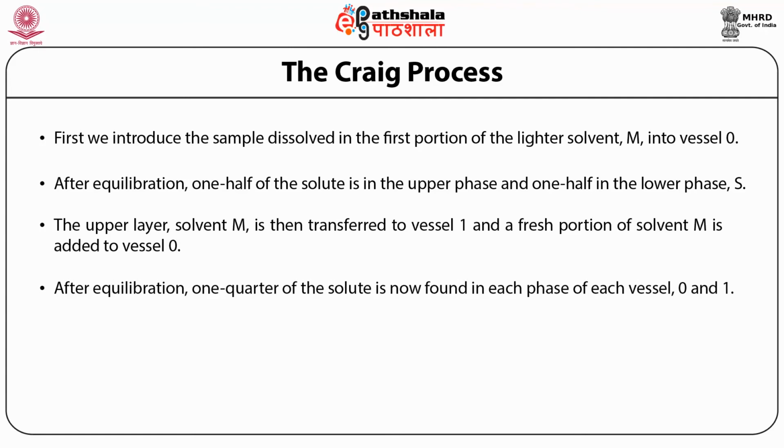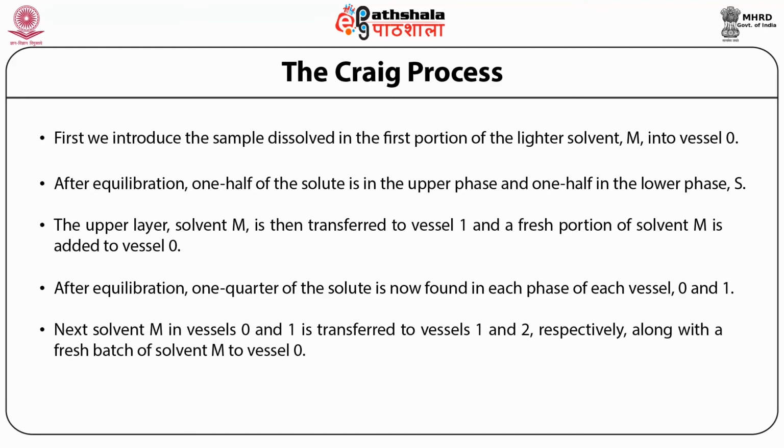After equilibration, one quarter of the solute is now found in each phase of each vessel, 0 and 1. Next, solvent M in vessels 0 and 1 is transferred to vessels 1 and 2 respectively, along with a fresh batch of solvent M to vessel 0.